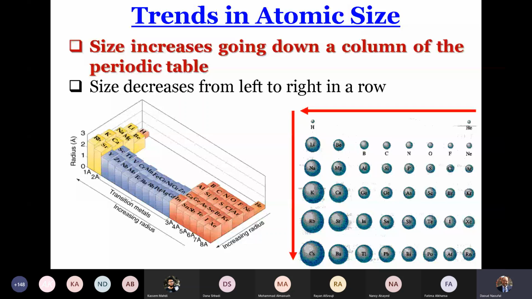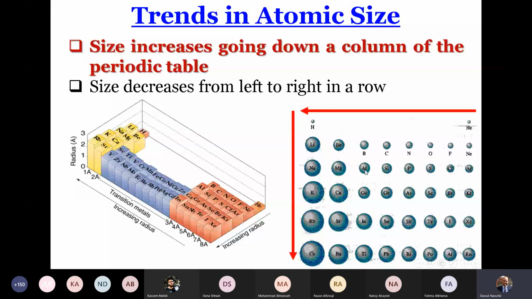So now how to compare the atomic size of elements? First of all, we put these atoms in the periodic table. We know their places. Then we say in the periodic table, the atomic size increases from right to left, from up to down, and therefore we can compare qualitatively their atomic size.